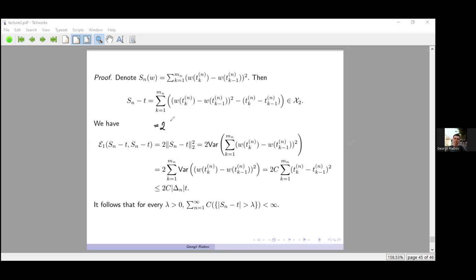So this is 2 times the expectation of the sum of increments of the Brownian motion squared minus t_{n,k} minus t_{n,k-1}, and expectation squared.